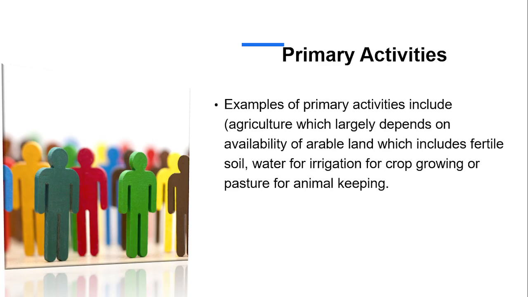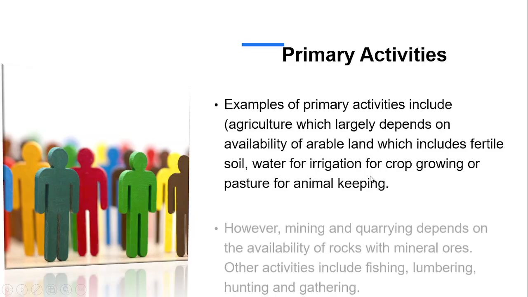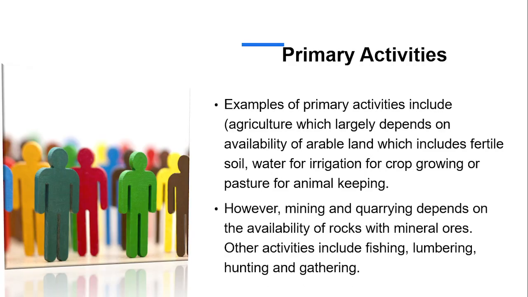Examples of these primary activities include agriculture, which largely depends on the availability of arable land, which includes fertile soil, water for irrigation for crop growing, or pasture for animal keeping. Also, activities like mining and quarrying depend on the availability of rocks which have minerals. Other primary activities include fishing, lumbering, hunting, and gathering.